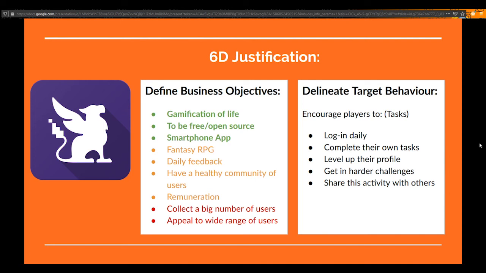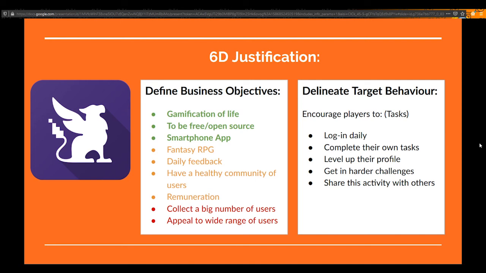And well, delineating the target behavior, we saw that Habitica wants to encourage players to log in daily, for example, because by completing tasks daily, players will get rewarded with currency, which will allow them to level up.